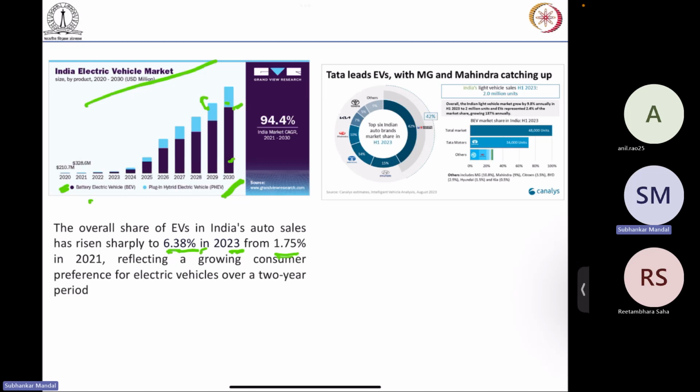These are some of the top electric vehicle companies in India. You can see Tata, Mahindra, Toyota; all these companies have developed research and development sectors for electric vehicles.